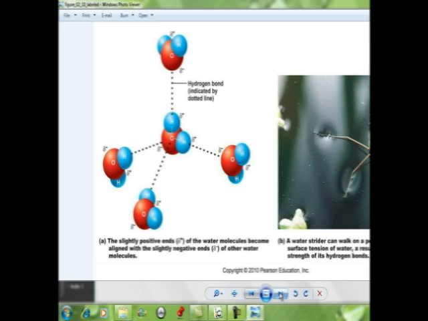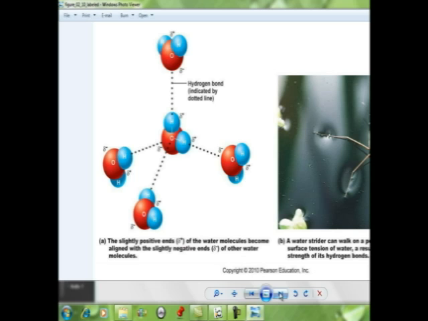Anybody ever try to dive off a really high diving board? You're just diving into water. It's nice and soft and cushy, right? It hurts like a son of a gun, doesn't it? Why? Because of that surface tension. Some organisms can actually walk on water because of its high surface tension.